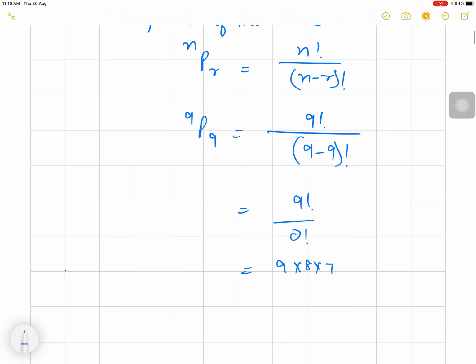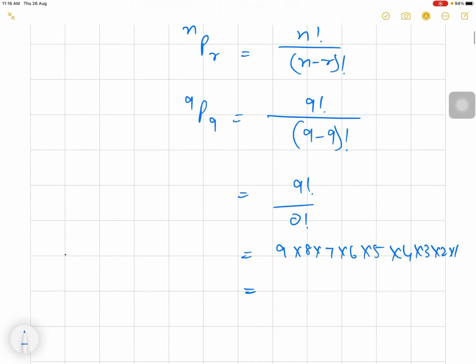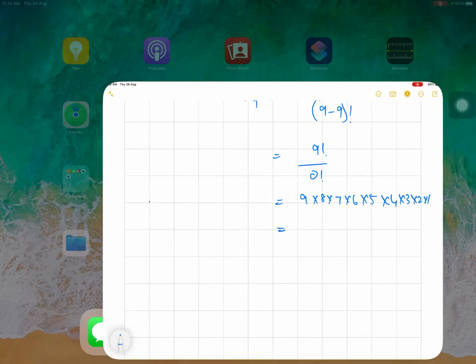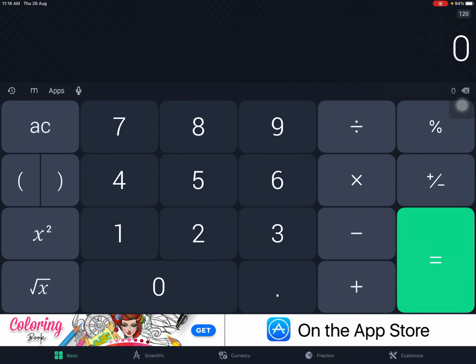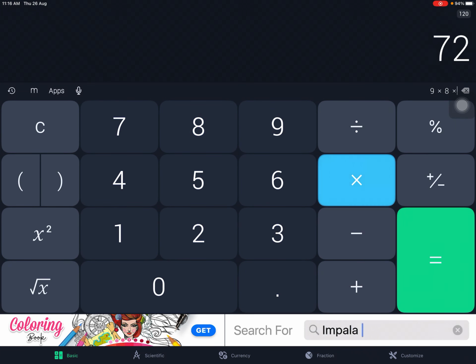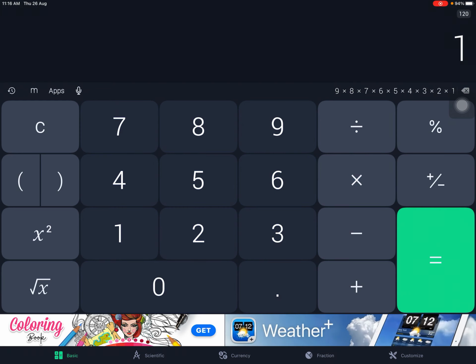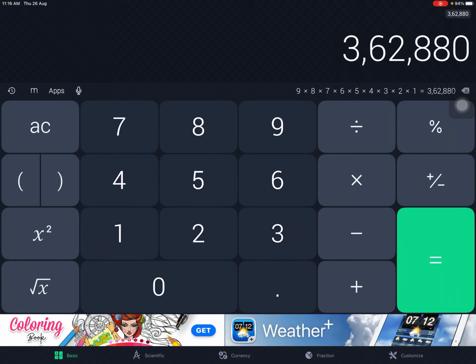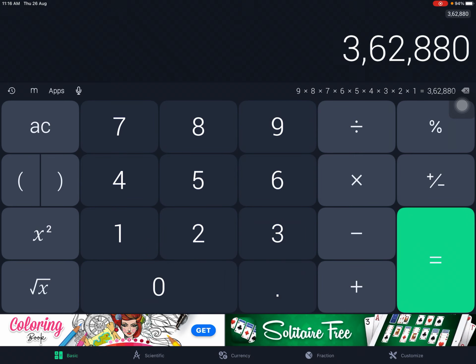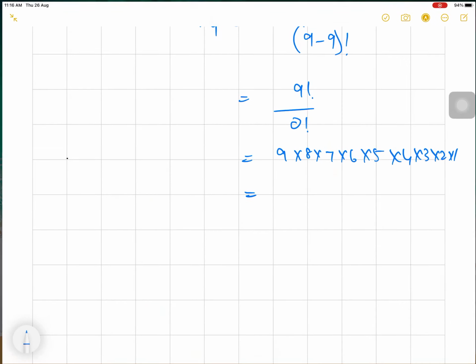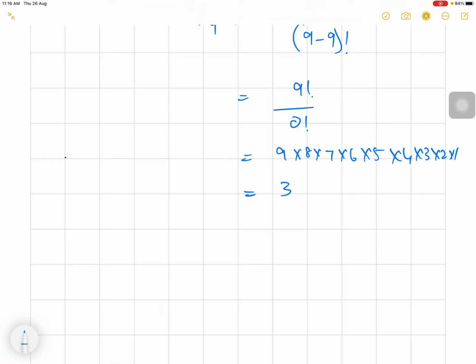So 9 into 8 into 7 into 6 into 5 into 4 into 3 into 2 into 1, which comes to 3,62,880 ways.